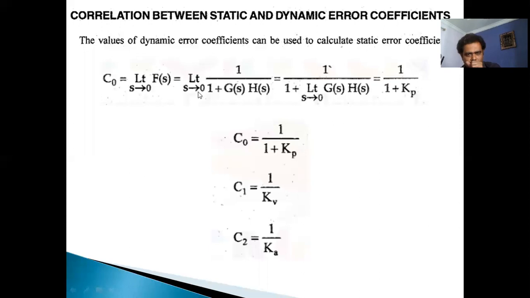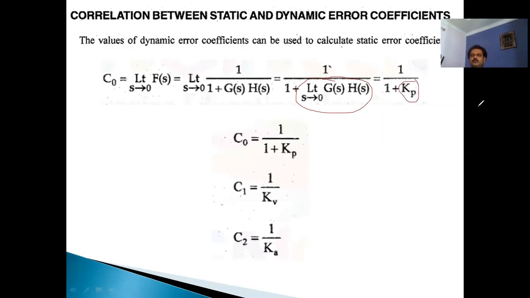Now if we take the limit s tends to 0 and substitute in this, we get 1 by, the constant value remains the same, plus limit s tends to 0 of G of s into H of s. We have already defined this while deriving the static error coefficients. Limit s tends to 0 of G of s into H of s is called the position error constant Kp.